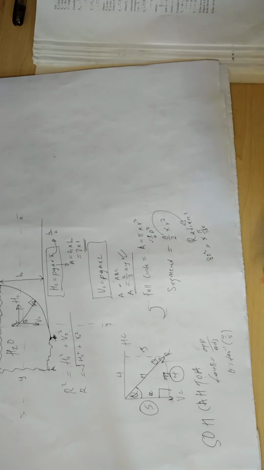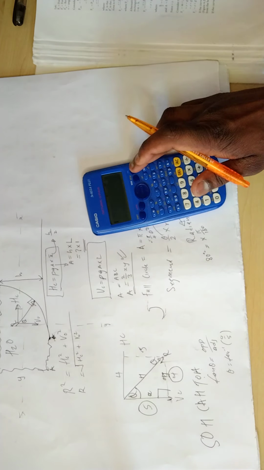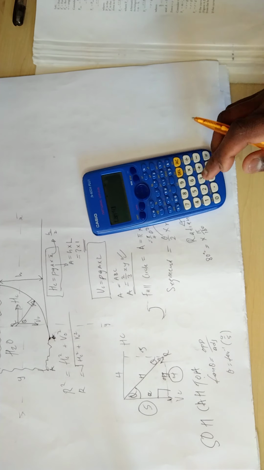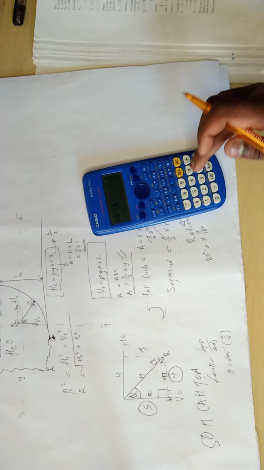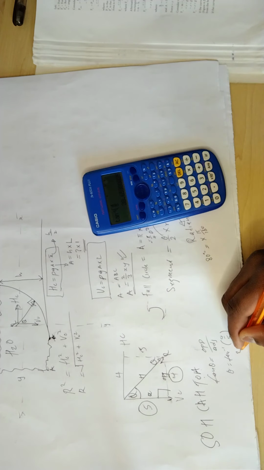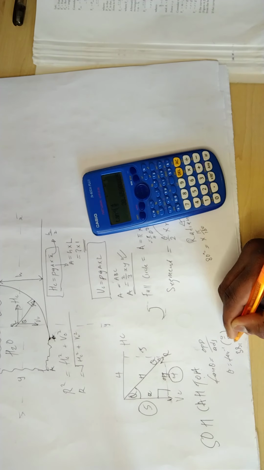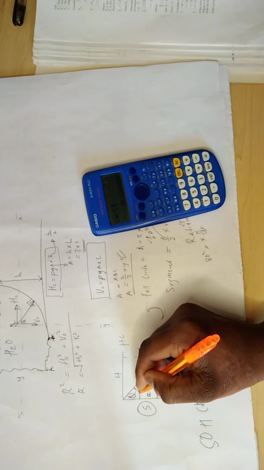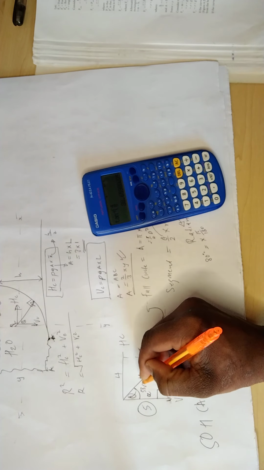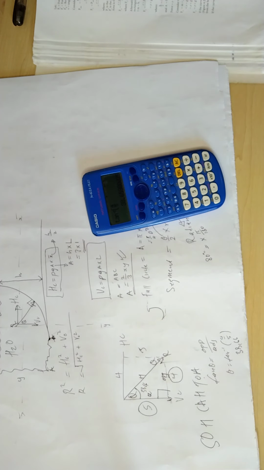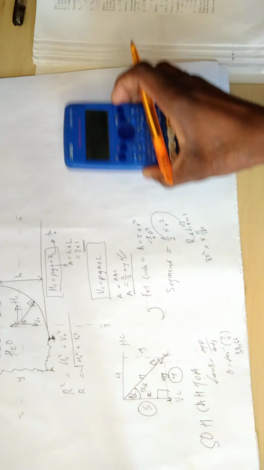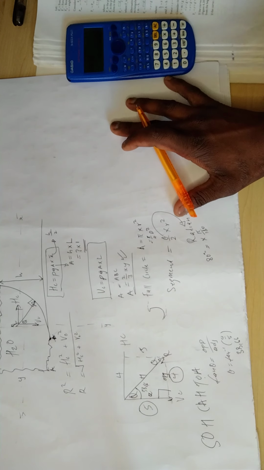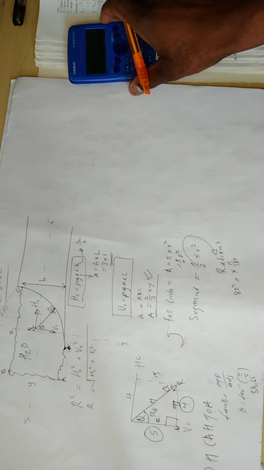Let me pick my calculator there. I'm going to have tan inverse of 4 over 5. I'm going to have an angle of 38.66. So this is my angle here, 38.66. Right, you got it. So it is like that, and we are done with a curve.